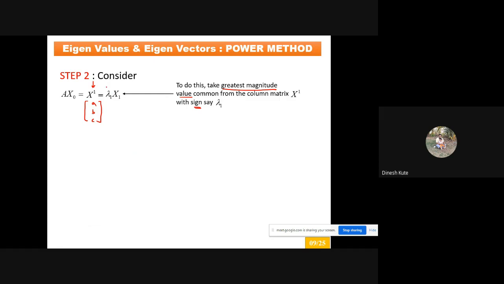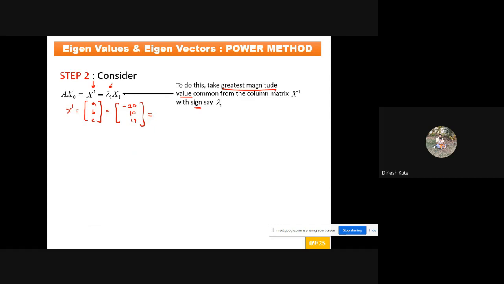Suppose that greatest magnitude value is say lambda 1. So for example, if the values are -20, 10, and 11, can anyone tell me which number we have to take common in this particular case?